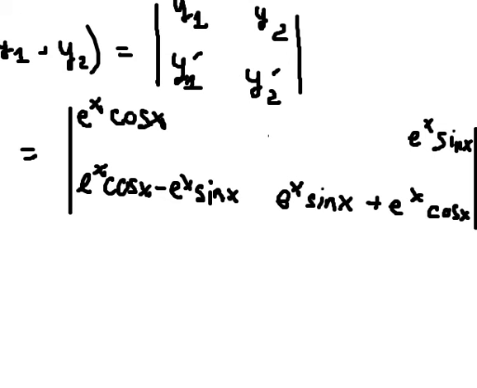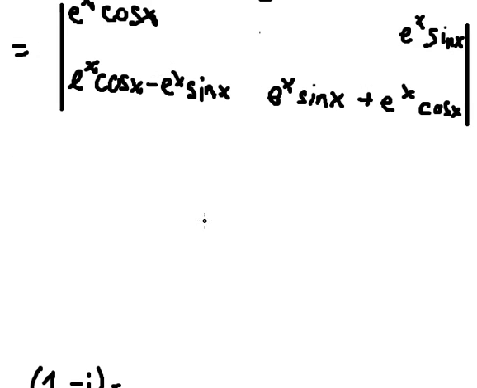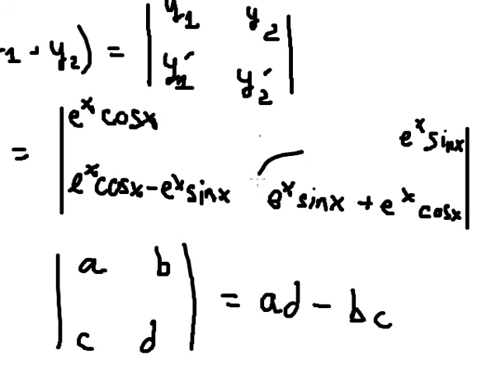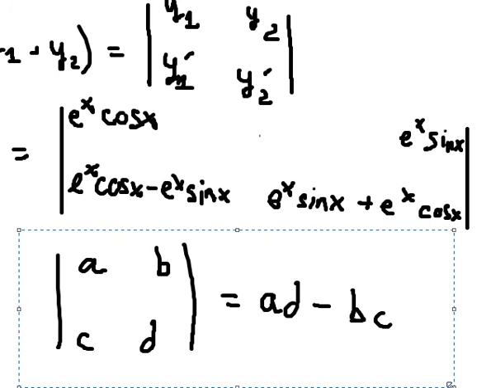Now we need to find the determinant of this one. So a multiplied by d minus b multiplied by c. So this one multiplied by this one minus this one multiplied by this one. So we have like this.